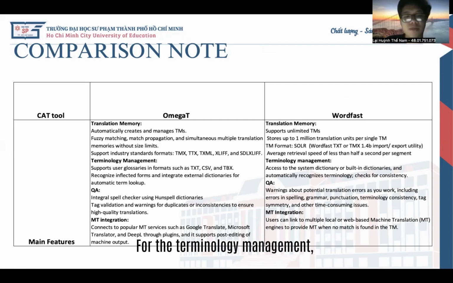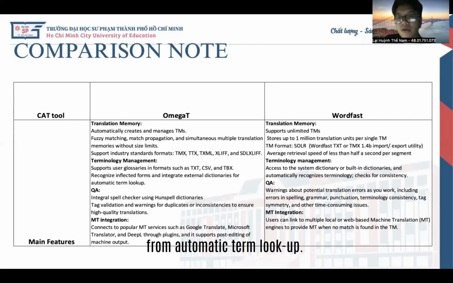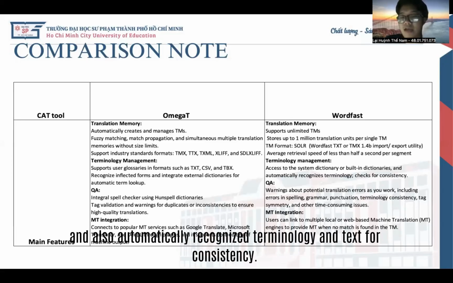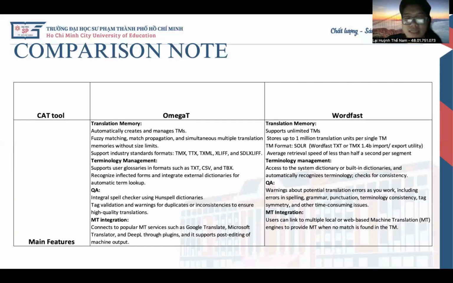For the terminology management, OmegaT supports user glossary with recognized inflected forms and integrates external dictionaries for automatic term lookup. On WordFast, we can access the system dictionary or built-in dictionary, and also automatically recognize terminology and check for consistency.